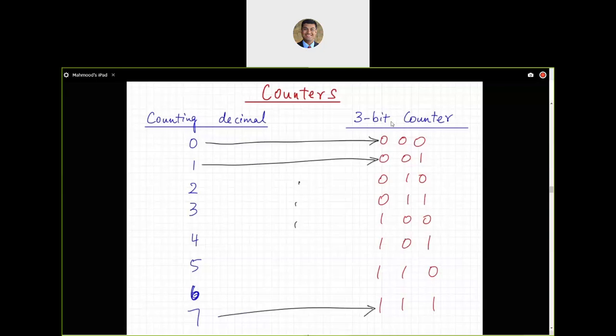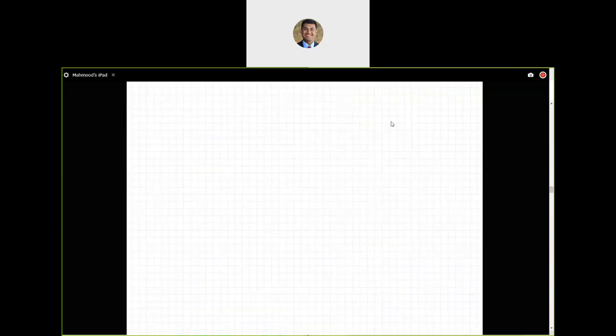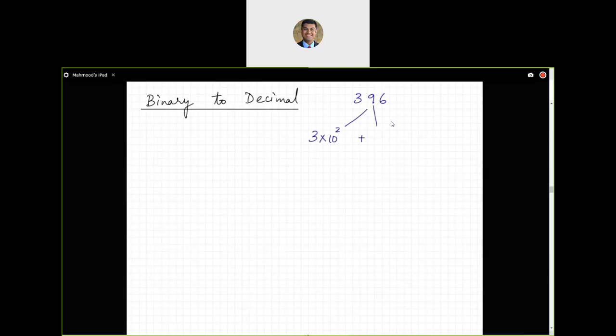So how do you think about that conversion? Well, if you want to convert any binary to decimal, you would essentially use what we call positional significance. For example, if you had the number 396, how do you write that in decimal? You would say 3 times 10 raised to 2, plus 9 times 10 raised to 1, plus 6 times 10 raised to 0.